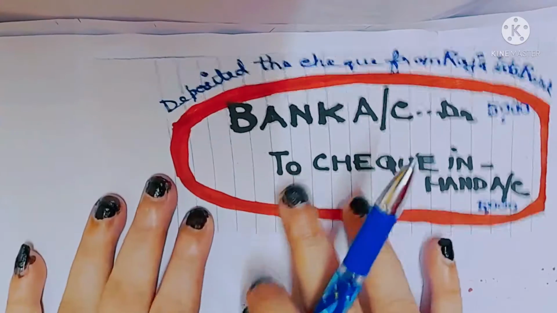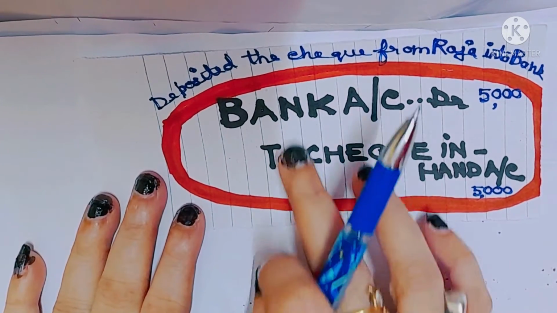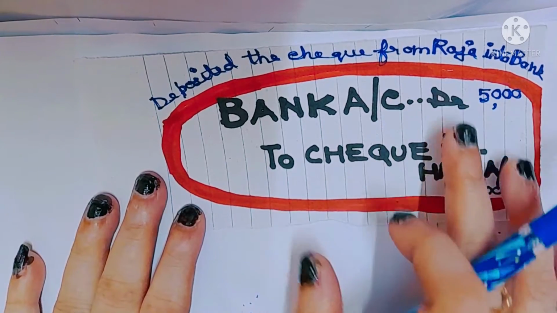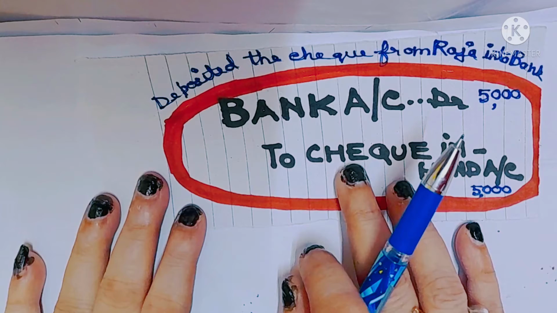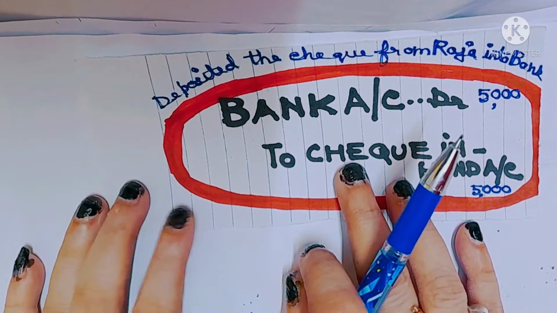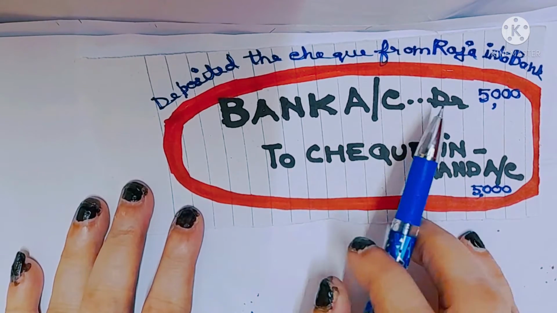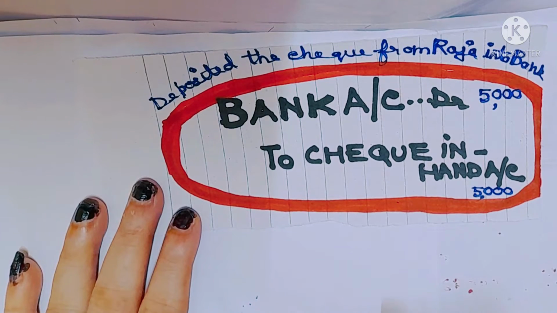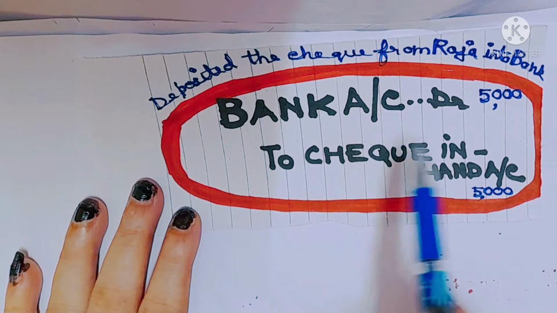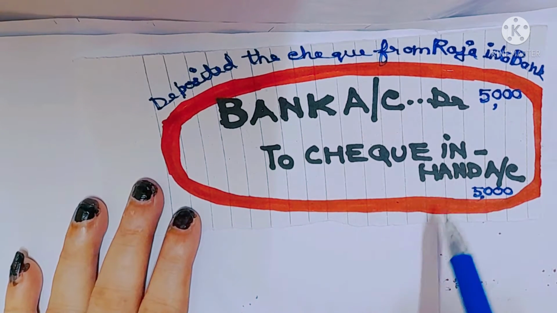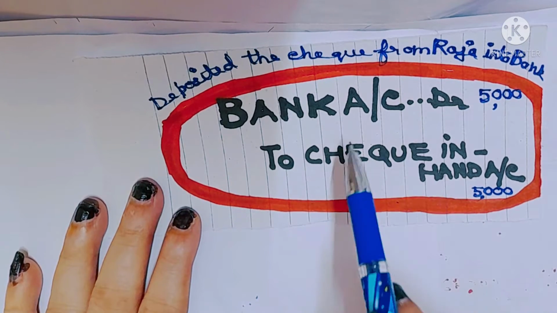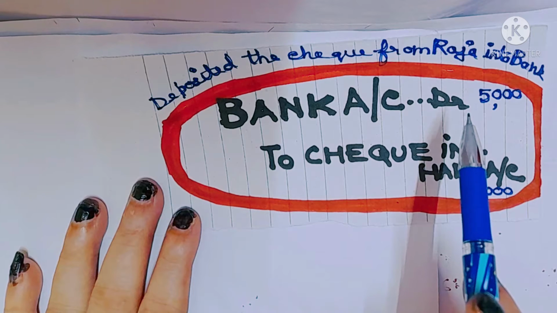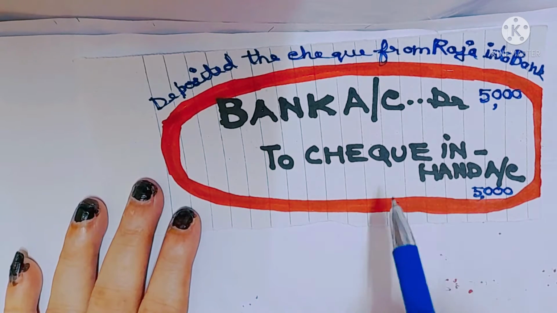Okay. On 24th April, the check is deposited into bank. The check which was received from Raja on 10th April is now deposited into bank on 24th April. Okay. So the journal entry will be bank account debit to check in hand account. Understood? So what is the position of bank account? Since bank account is on the debit side, check in hand account will also be on the debit side.